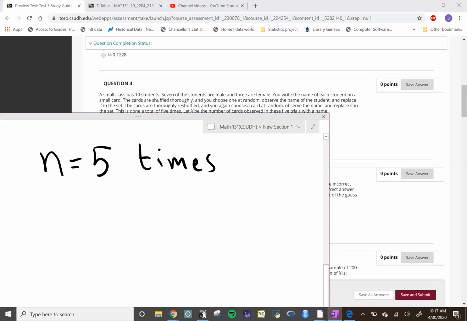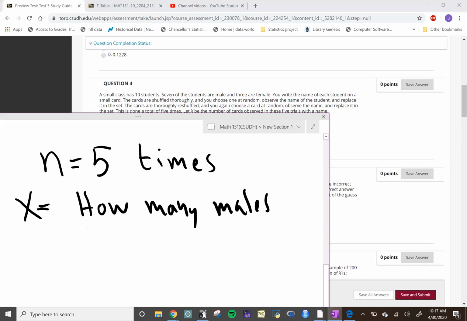Up next, if you look at X, X is how many males? It's telling me how many males they selected. So when they do the reshuffling 5 times, how many of those names were male names?